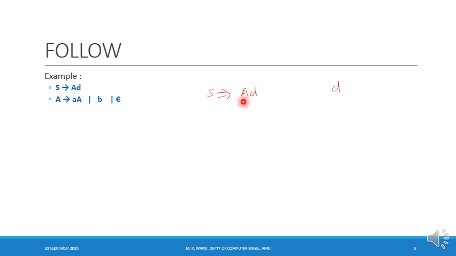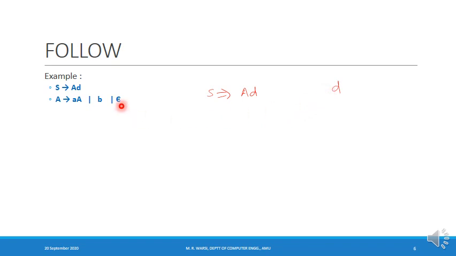If I use the first production, next input symbol has got to be small a, because first of this is small a. But the next input symbol is not a small a. If I use this production, next input symbol has got to be small b, but next input symbol is not small b.